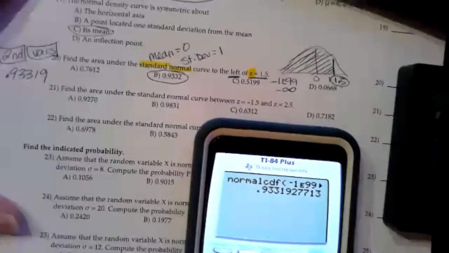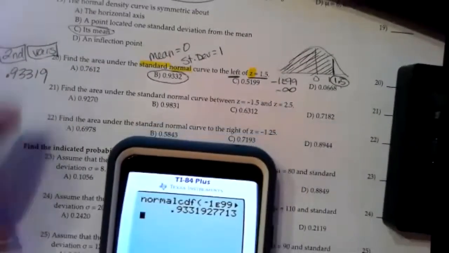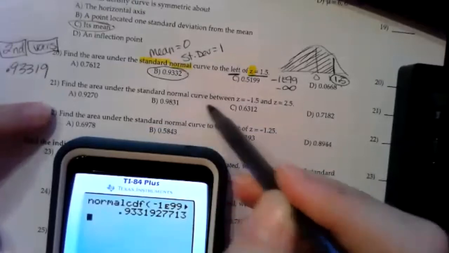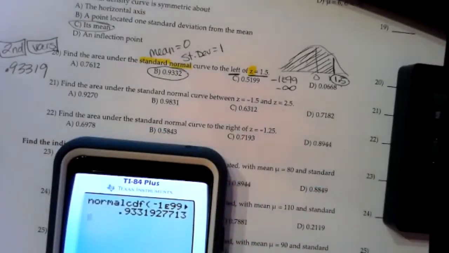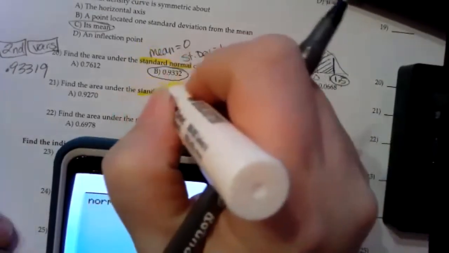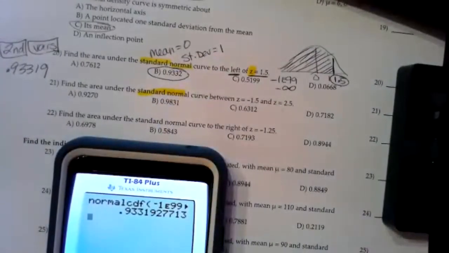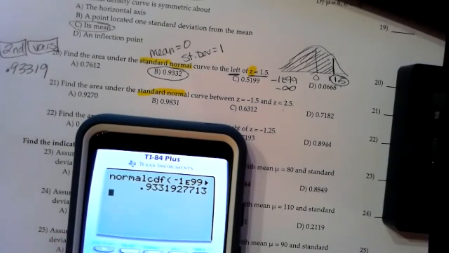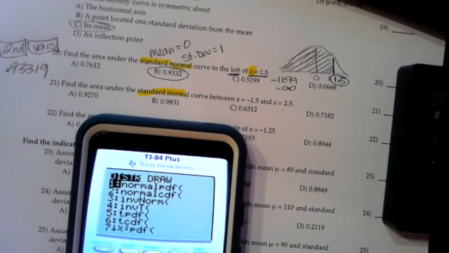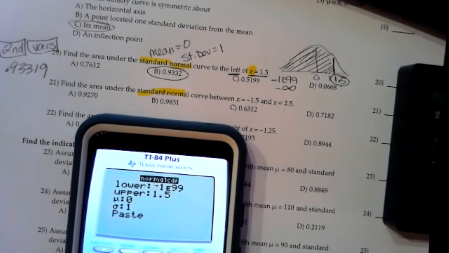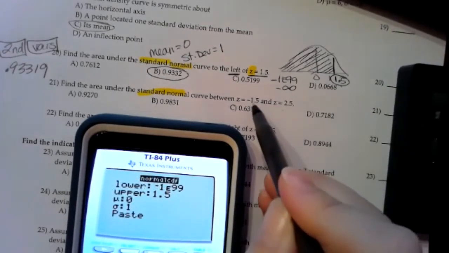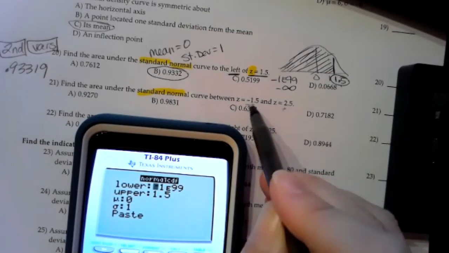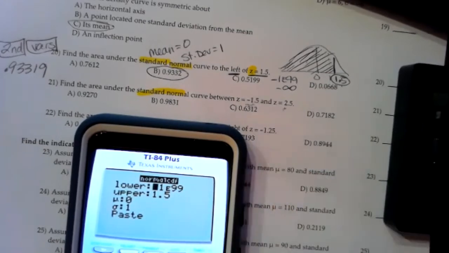Okay. Now the next one on number 21, this one says that we're going to be between these two values. And once again, we have our key part, standard normal. So because of that standard normal, our mean is 0, our standard deviation is 1. We will go to second VARS, normal CDF. Now because I'm between these guys, my lower end is this -1.5.